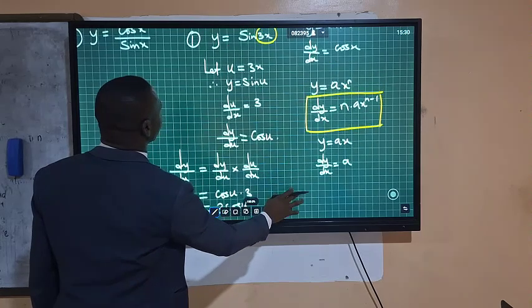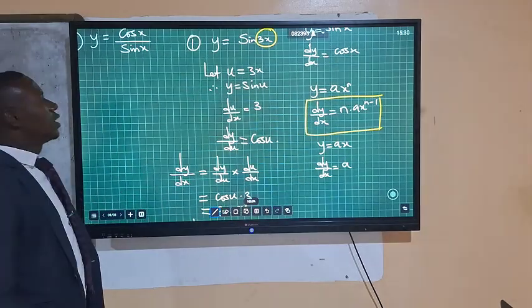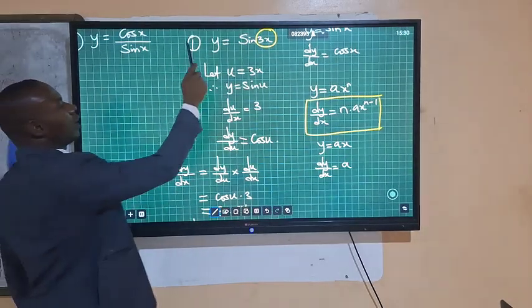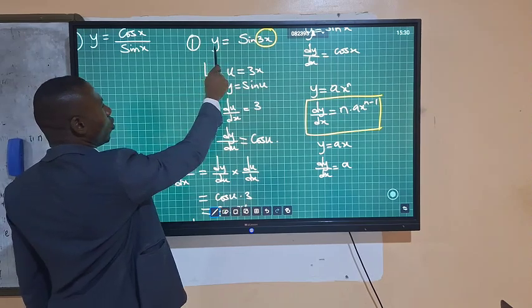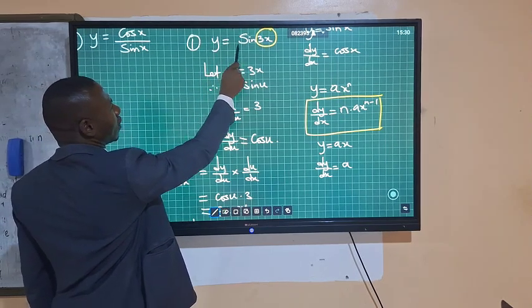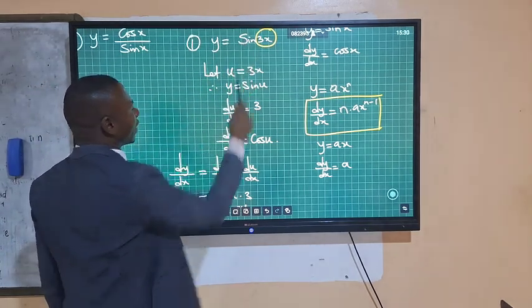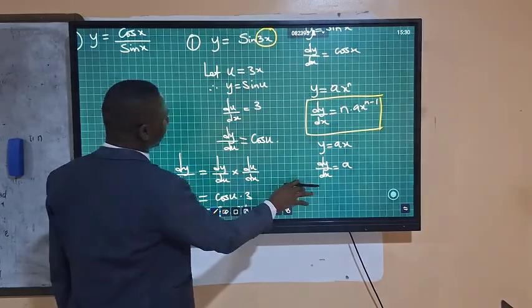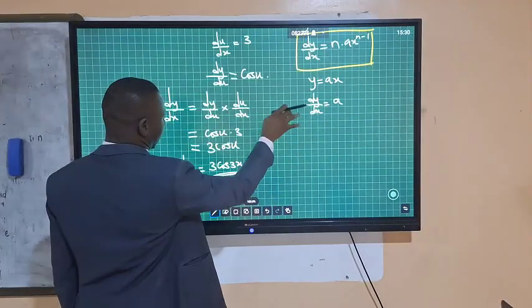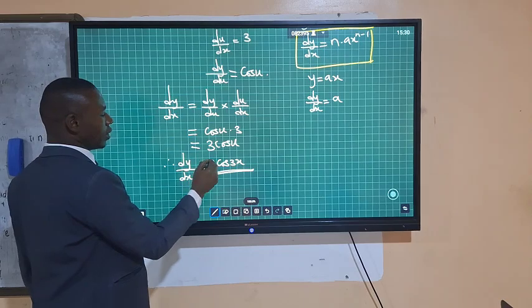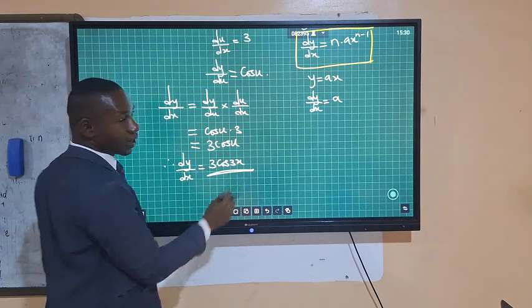Okay? So, what have we achieved? We said that if y is equal to sine 3x, the derivative simply is 3 cos 3x.